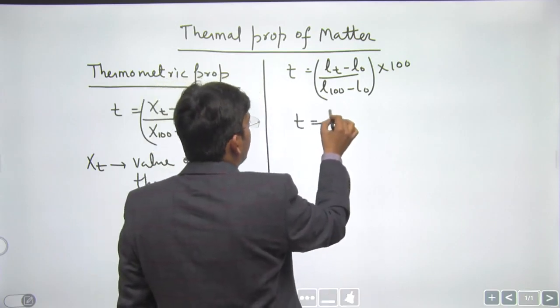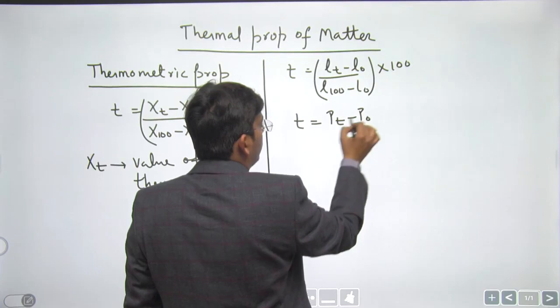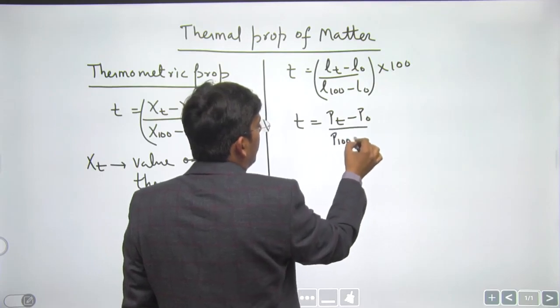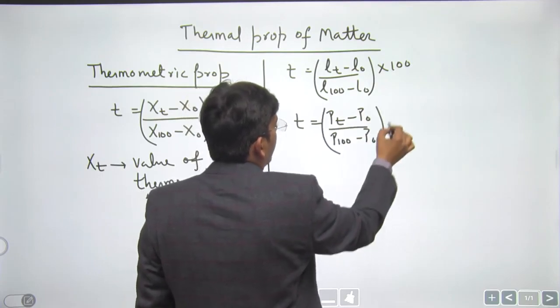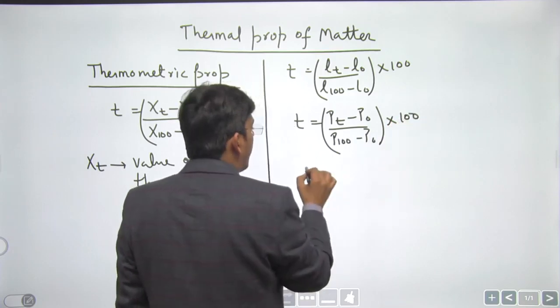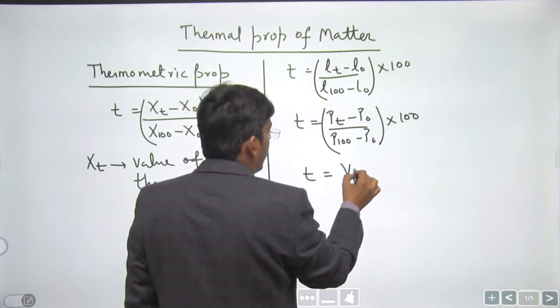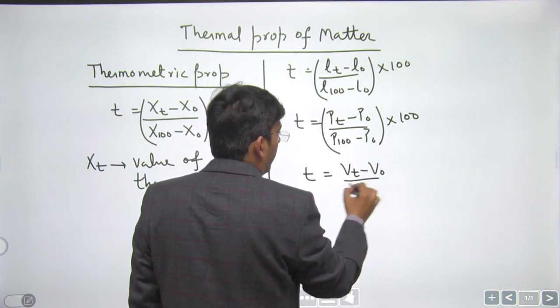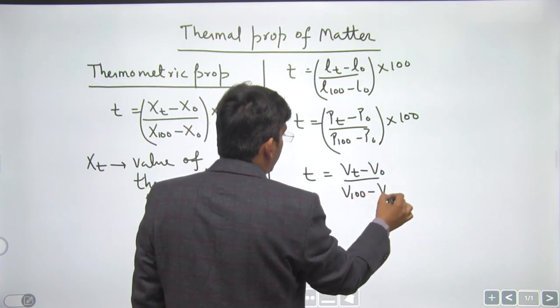Pressure exerted by a gas at constant volume, Pt minus P0 by P100 minus P0 into 100. Volume occupied by a gas at constant temperature, constant pressure, this may be a thermometric property.